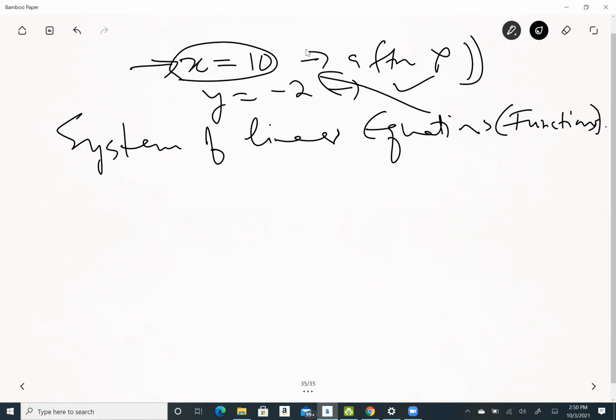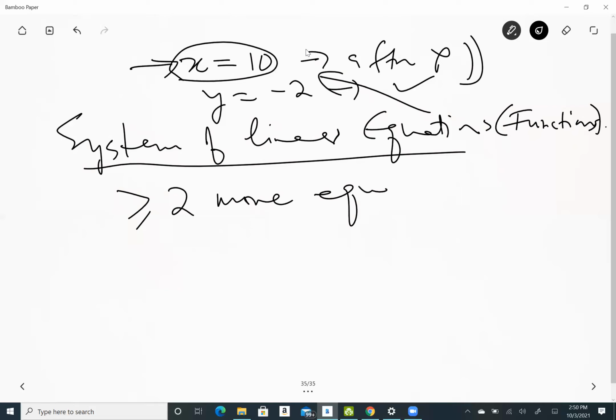All right. So when you have a system of linear equations, what do you mean? We have two or more equations. And when you have two or more equations, what we are interested in is that you want to find the solution to the system.